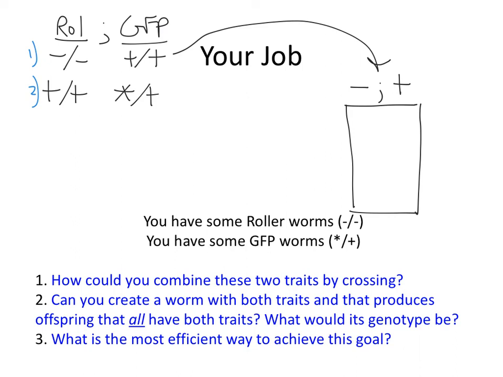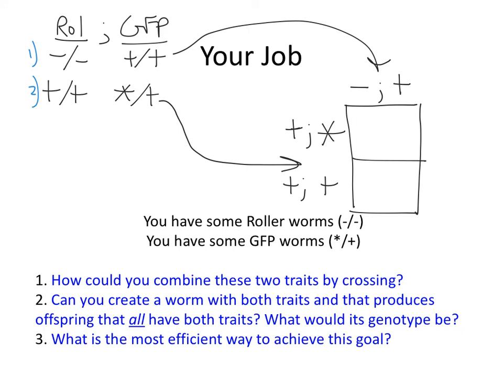Maybe. Now what about worm 2? Let's put its gamete haplotypes over here. It's always going to have a plus at the roller locus, and it either has an asterisk at GFP or it's got a plus at GFP.